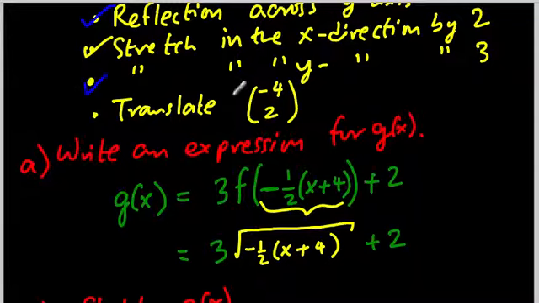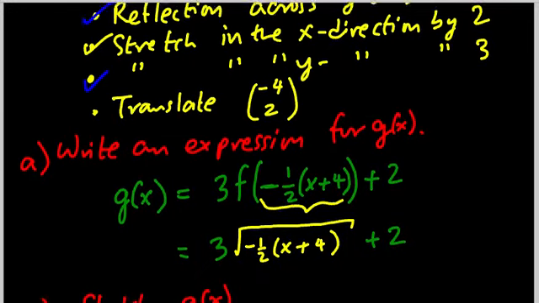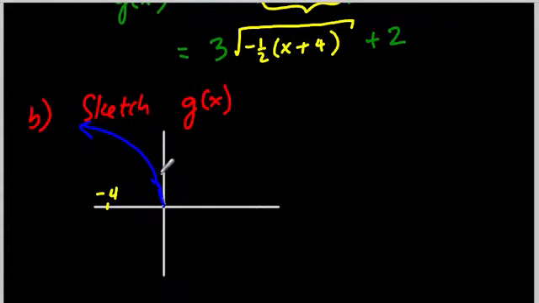And then finally, translate to the left 4 and up 2. I'm just going to do this in one step. If it's to the left 4, and, sorry, was it down 2 or up 2? Oh, it was up 2. My mistake. So there we go. Really, it's just going to go in this direction.